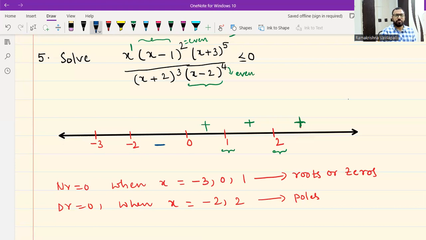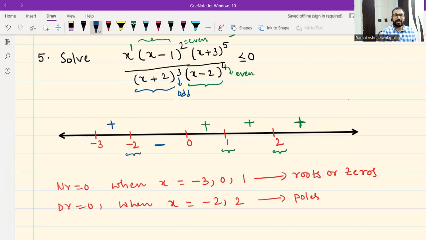Now corresponding to minus 2, which means x plus 2 whole cube, this power is odd, so there will be a sign change from negative to positive.